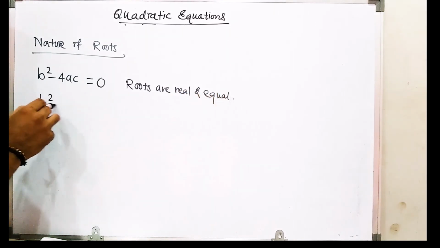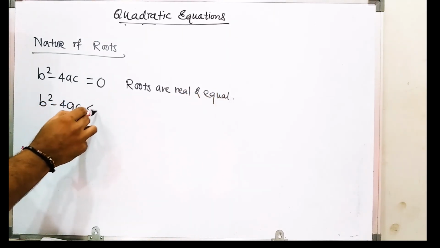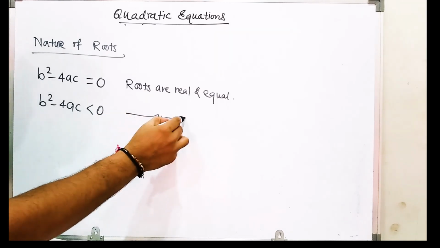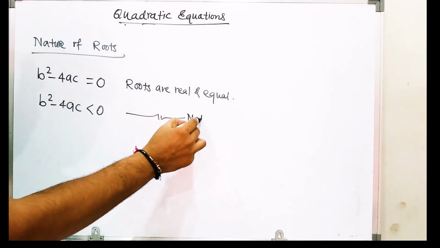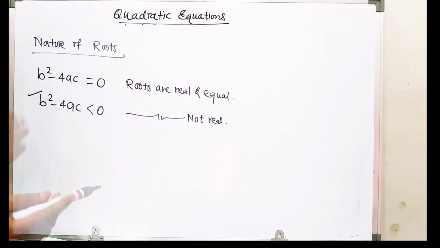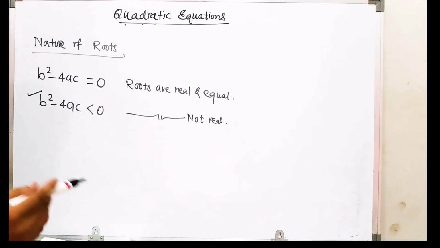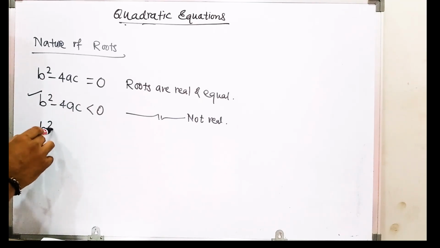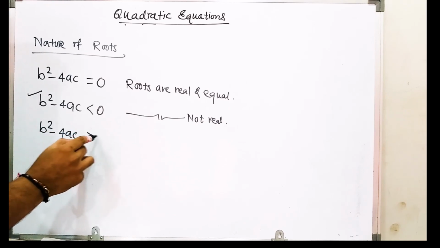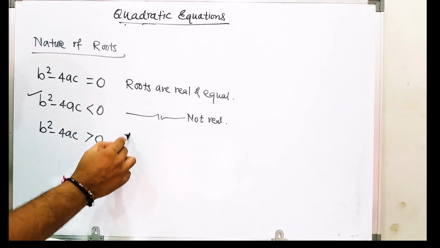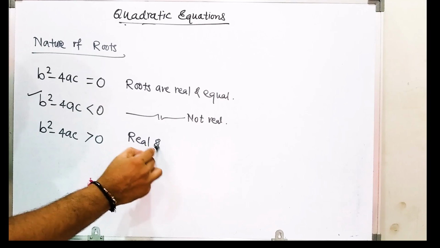And if b square minus 4ac is less than 0, then the roots are not real. In this case we need not find the roots of the equation. And if b square minus 4ac is greater than 0, then the roots are real and distinct.